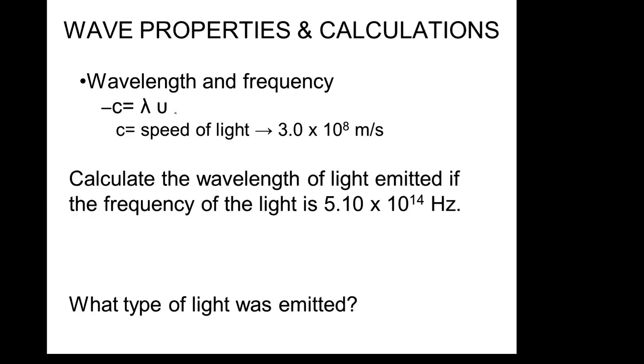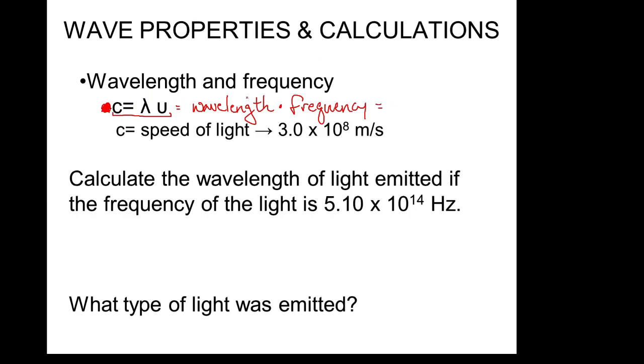Wavelength and frequency are related to each other using this formula. This little dash symbol is more like a bullet point. So c, the speed of light, is equal to lambda times nu, the wavelength times the frequency.